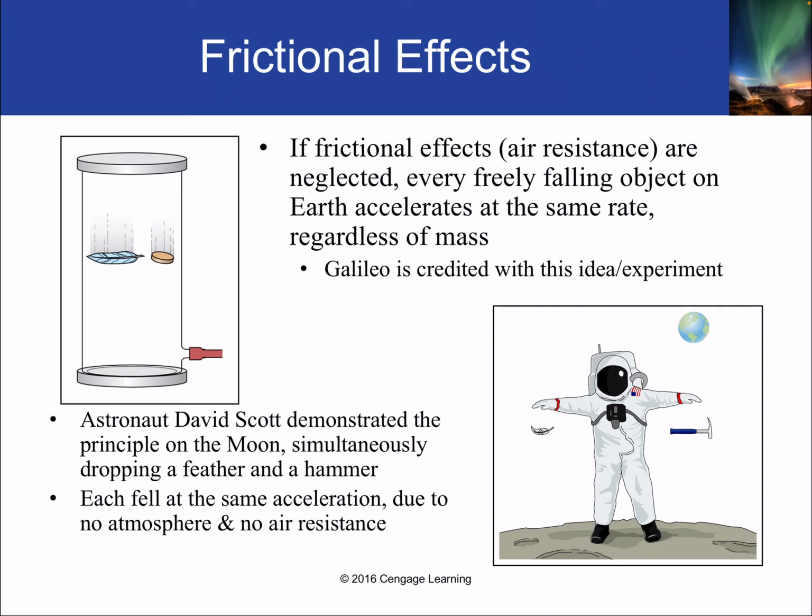Okay, the picture on the right shows an astronaut on the moon, and it's demonstrated using a hammer and a feather. Because the moon has no air resistance, the hammer and the feather fell at the same rate when it was on the moon.